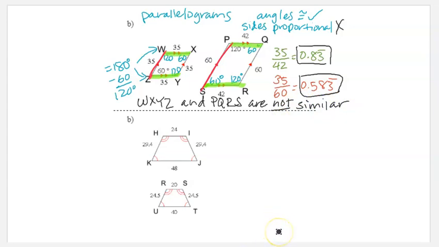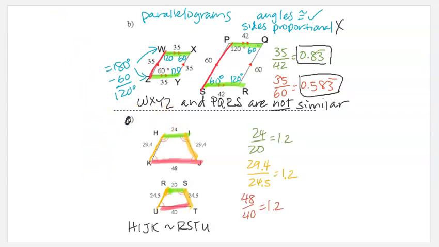Okay, and then I want you to pause the video to try the final example on your own. Back to our final example, we could see that the angles are in fact congruent. I do have all pairs of angles with the same angle marking.